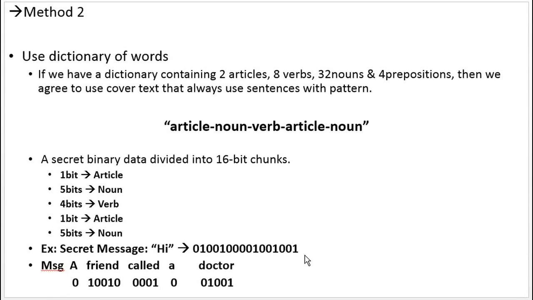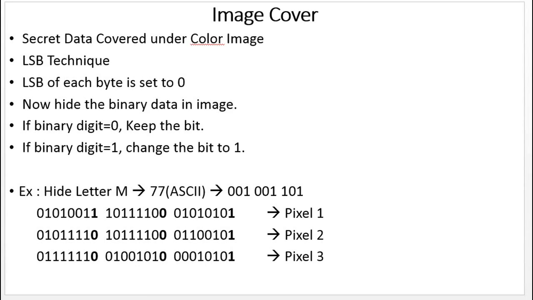At first, the message is divided into 16-bit chunks of binary data, and then it is divided into 1 bit, 5 bits, 4 bits, 1 bit, 5 bits respectively, in order to store in article, noun, verb, article and noun, as clearly shown.